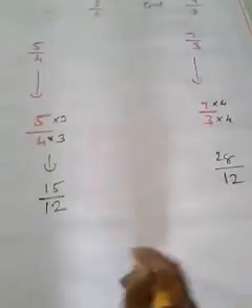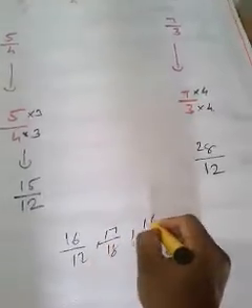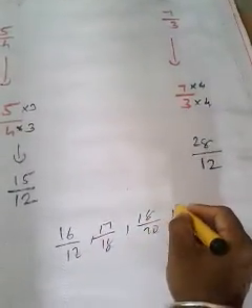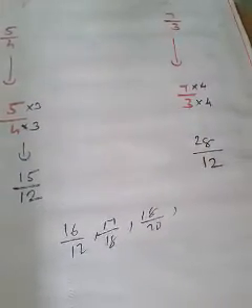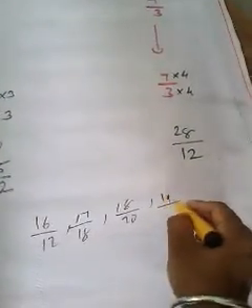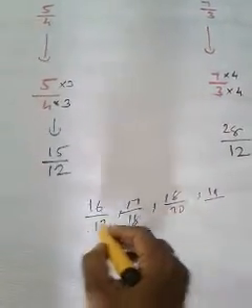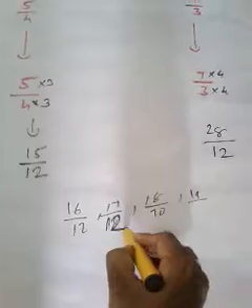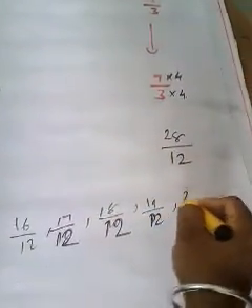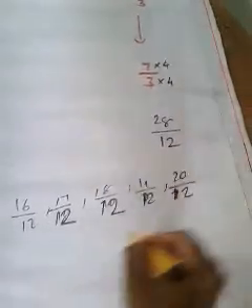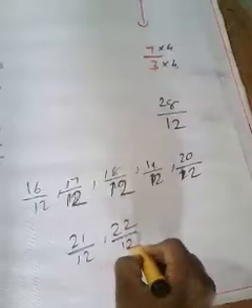Then which are the rational numbers in between? 15 by 12, 16 by 12, 17 by 12, 18 by 12, 19 by 12, 20 by 12, 21 by 12, 22 by 12, isn't it?